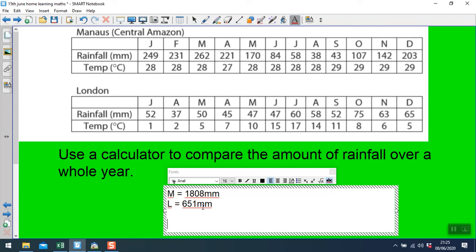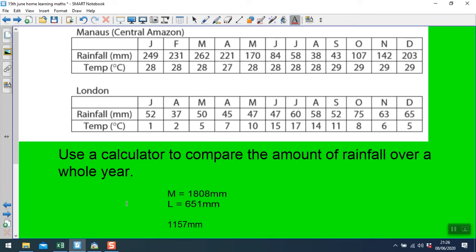So to compare the rainfall, we need to do 1,808 millimetres subtract 651 millimetres, and that is 1,157 millimetres. So the Amazon has 1,157 more millimetres of rainfall in a year than London does. Well done if you got that right.